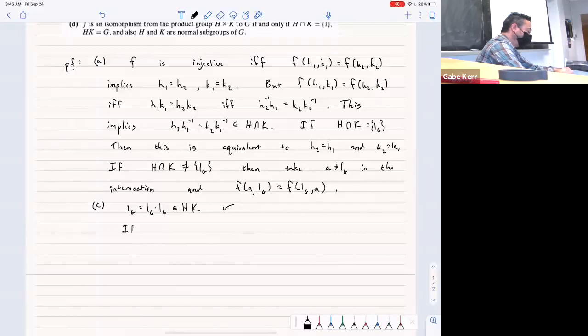So if HK is in, and well, let's see, then (HK) inverse is equal to K inverse H inverse. That's not obviously an HK, right? Any suggestions?